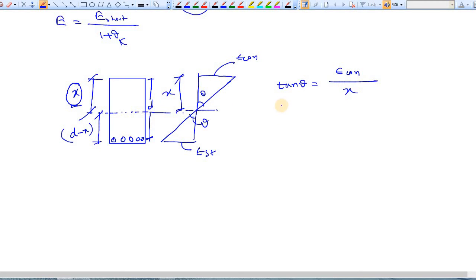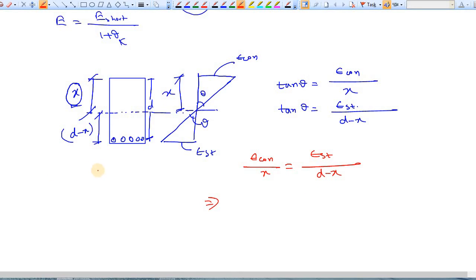So tan theta for steel is coming as strain in steel divided by d minus x, and in both cases the tan theta is same, so we can write the strain in concrete by x is equal to strain in steel divided by d minus x.